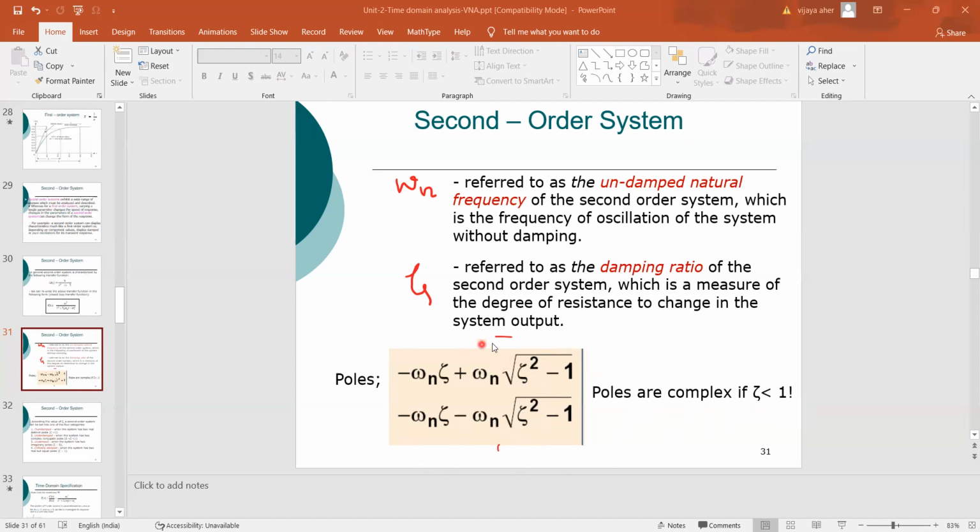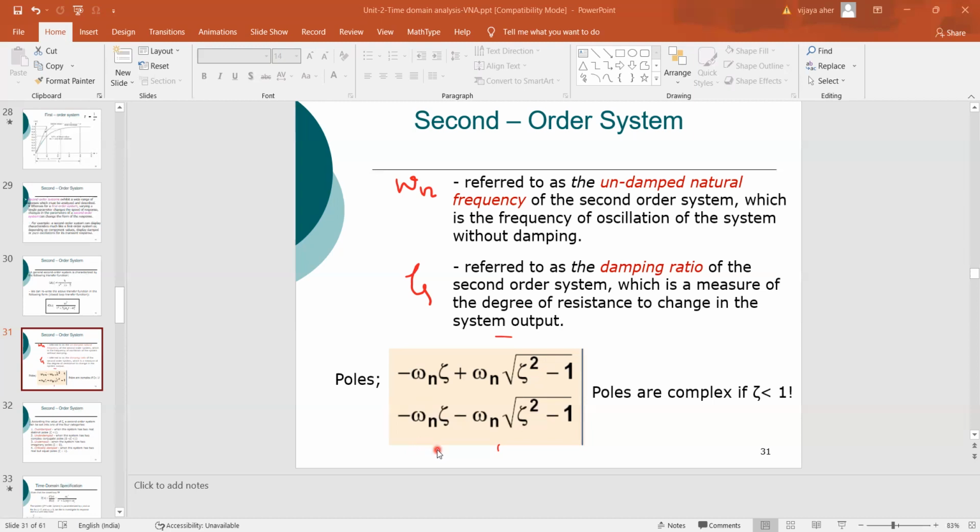Now observe these two equations carefully. These are two poles of your characteristic equation. The characteristic equation is nothing but the denominator of your transfer function.